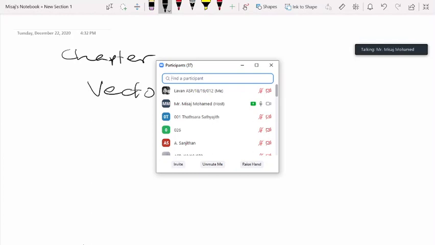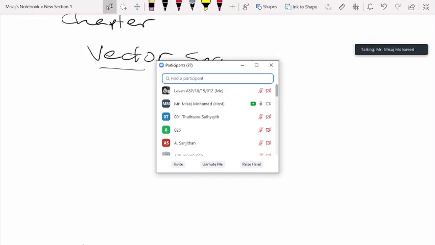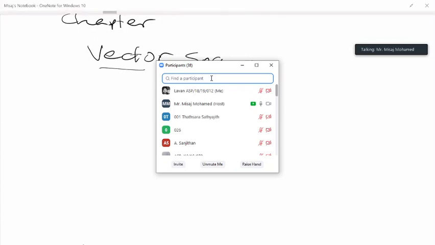Vectors. So you know that, right? The vector means it has a direction and the displacement. Understand? The modulus value, isn't it?